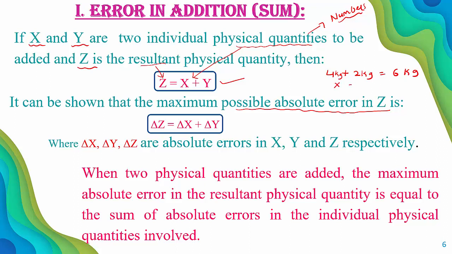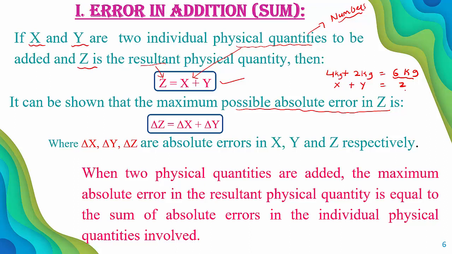That is x plus y is equal to z. So z is the resultant physical quantity, 6 kg. When we add these two, what is the maximum possible error in the resultant? How much error can we get in the z value? How do we find it?